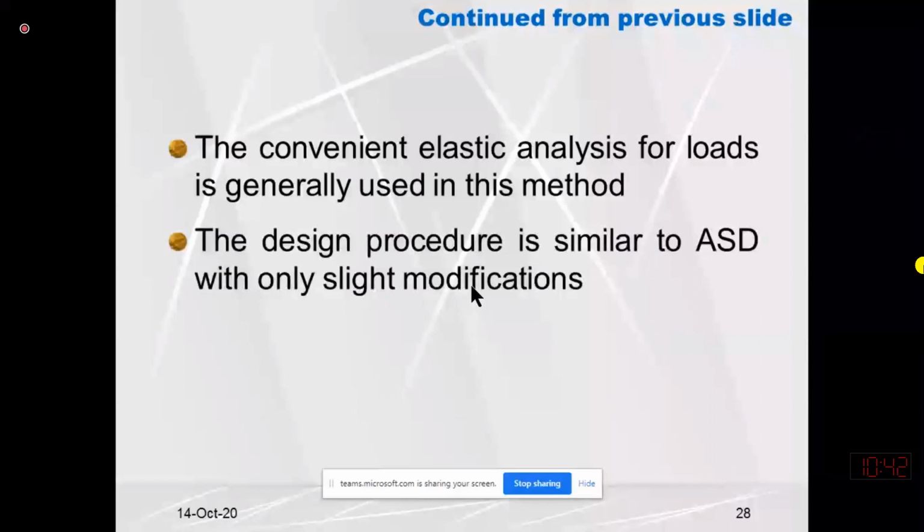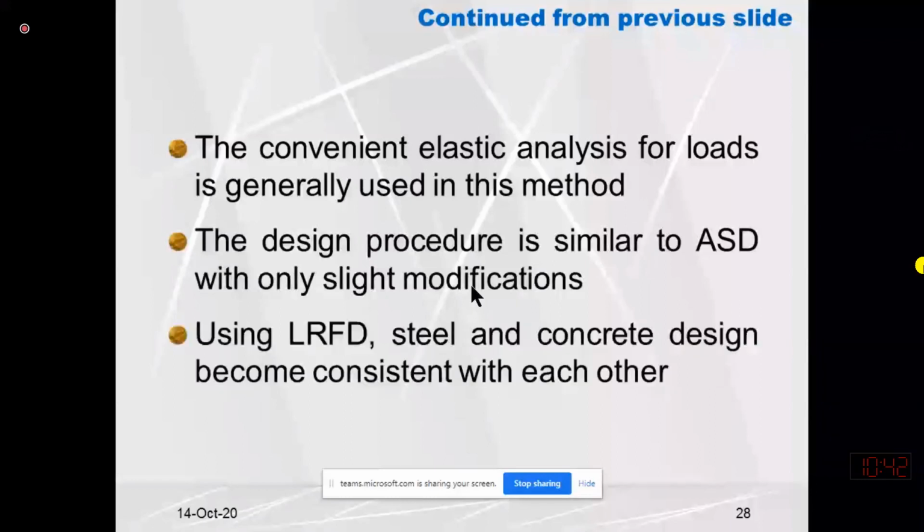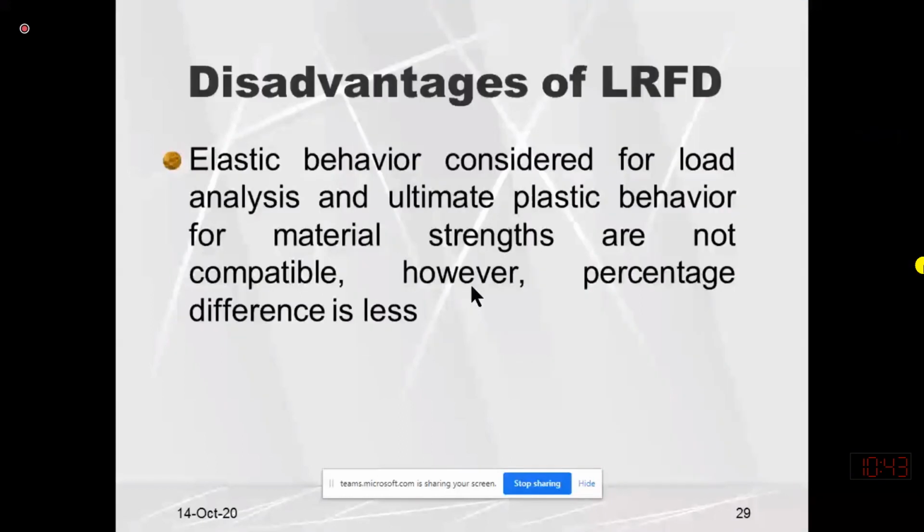Using LRFD, steel and concrete design become consistent with each other. I told you that in steel design and concrete design we can achieve the same economy level. What are the disadvantages? Elastic behavior considered for load analysis and ultimate inelastic behavior for material strength are not compatible.